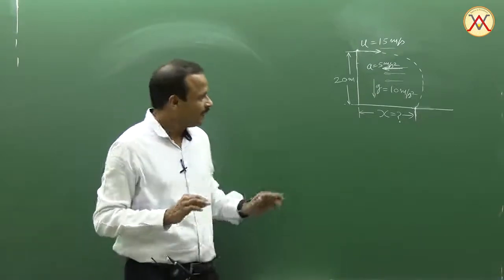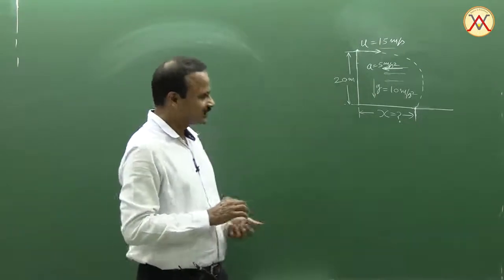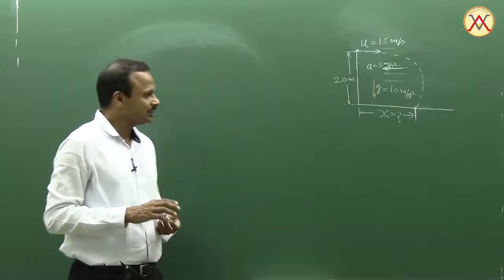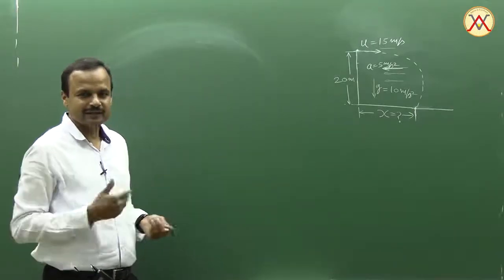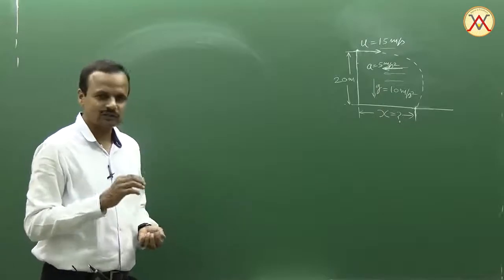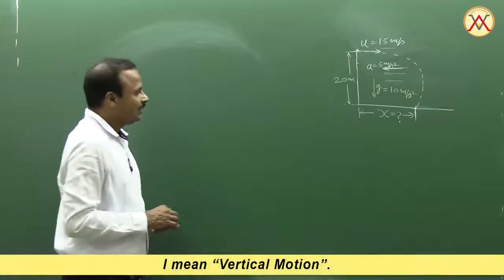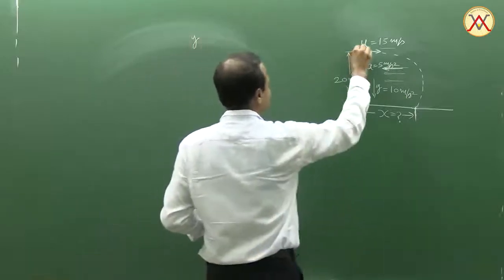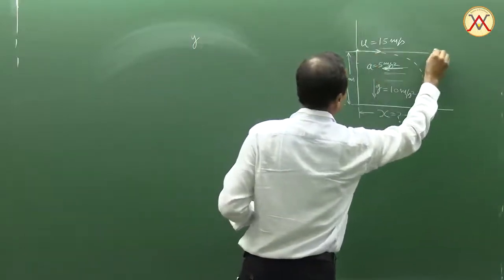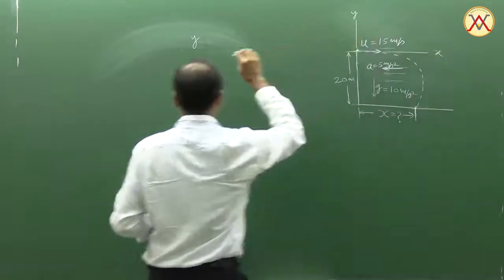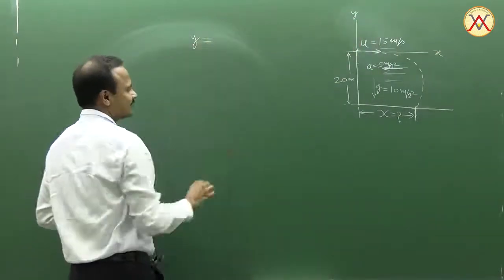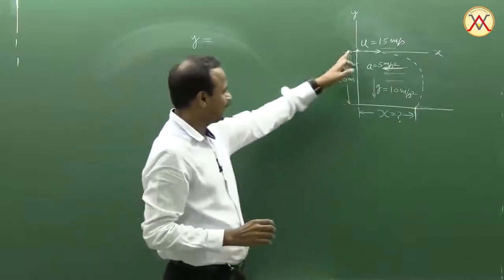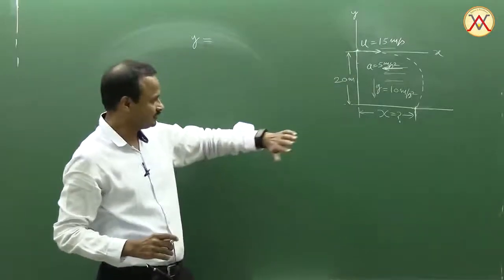As far as the y direction is concerned, there is no change, because the problem says that the wind is not affecting the vertical motion of the projectile. We can write the y coordinate as it is. We are taking our usual coordinate system, y as upwards, so we can write y as u_y t plus half a t squared, that is u_y t minus half g t squared.